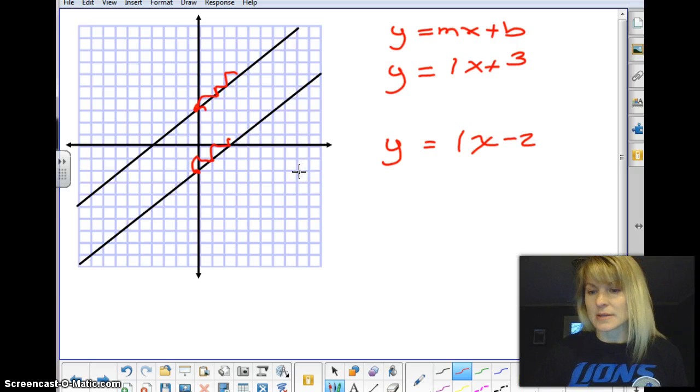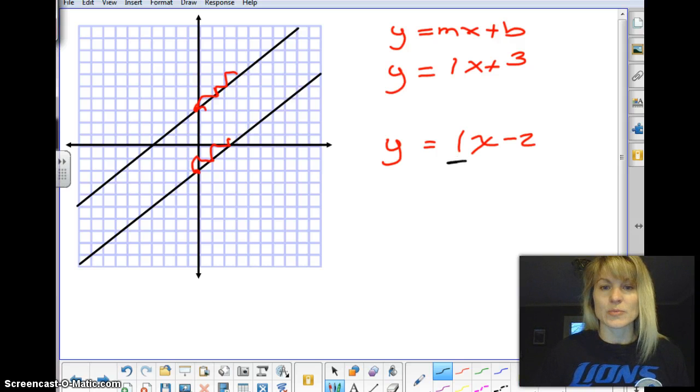So one of the biggest things that we need to know when we're doing parallel and perpendicular lines is their slopes will always be the same and their y-intercepts should be different. If they're not different, then it would have to be the same line.